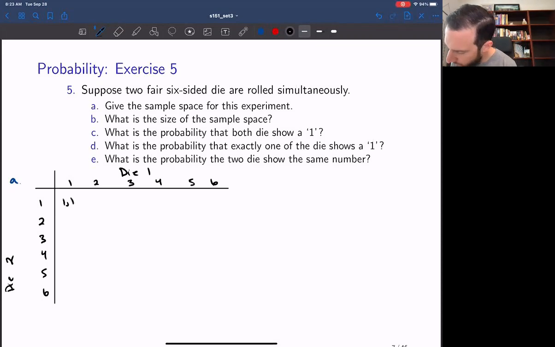So here you can get 1,1; 1,2; 1,3. I should do this in the proper order if this is die 1.